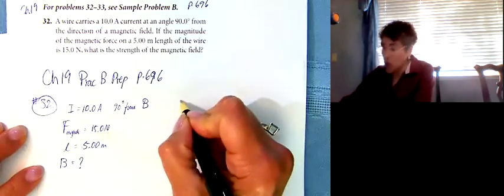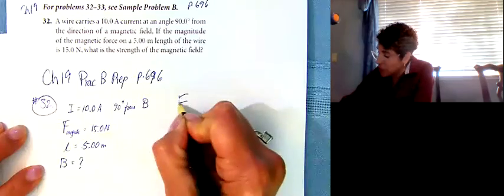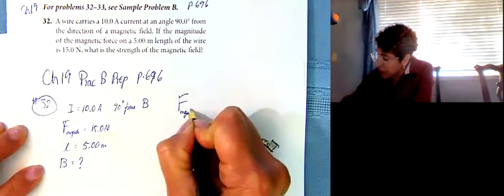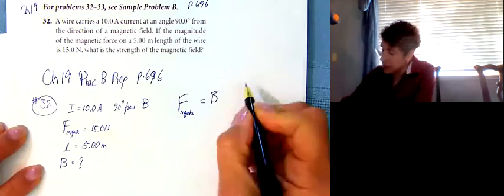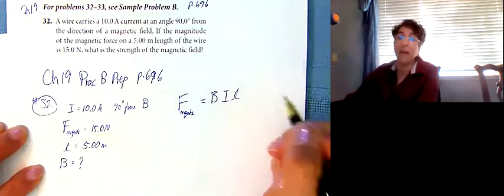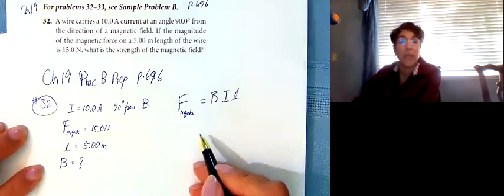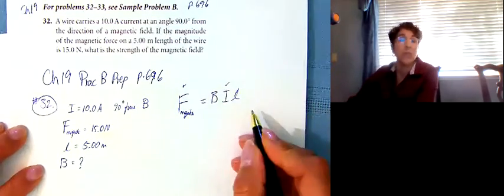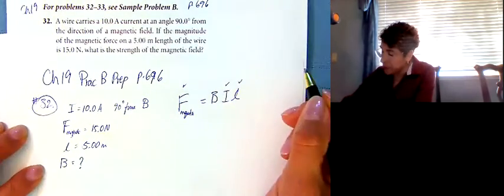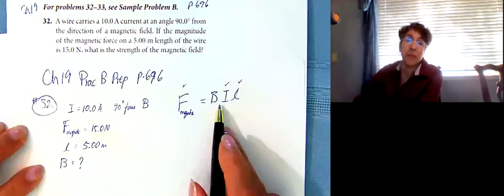As we just saw in the book, the equation of the magnetic force is just F = BIL. So we know the magnetic force, we know the current, we know the length, and the question is, what's B?